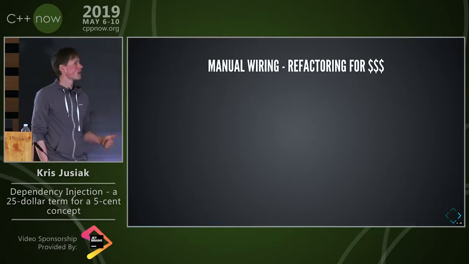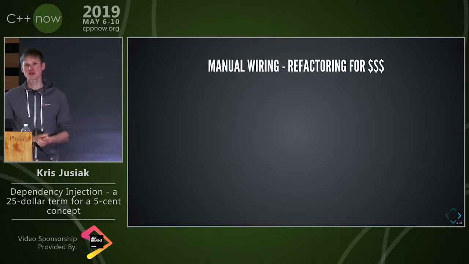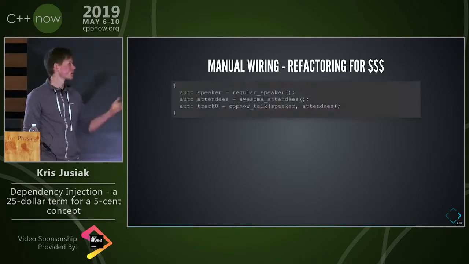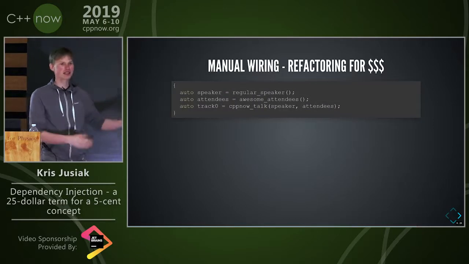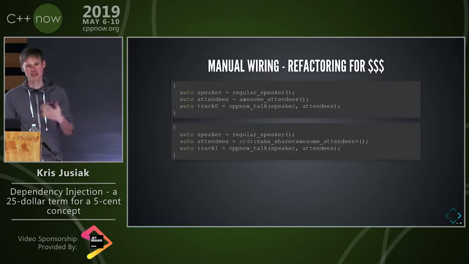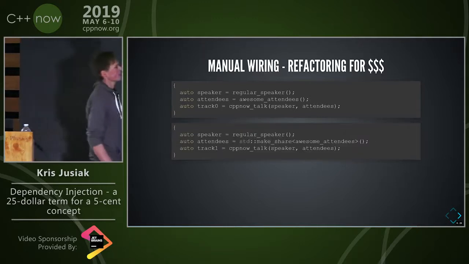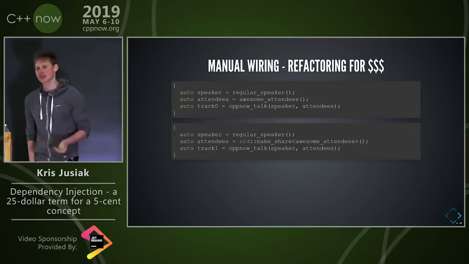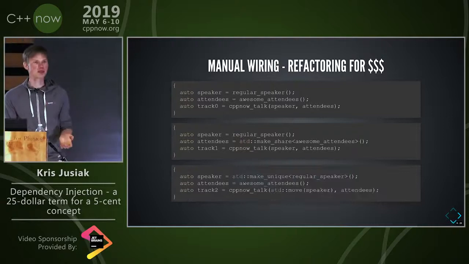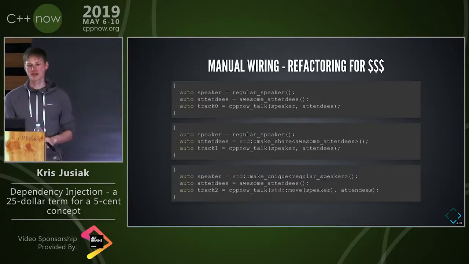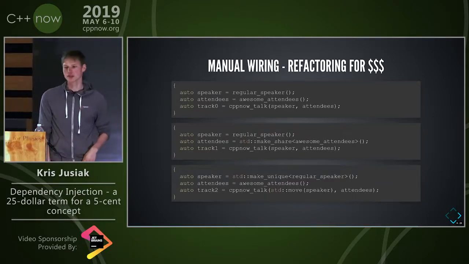So manual rewiring is refactoring for money, basically, because we have to spend time and money doing it. We'll have to change the wiring, meaning construct it in a different way, change the order. You see the second one is a bit different than the first one. It's a subtle difference, but we have to deal with it. No one will do it for us. The order might be important. And again, if you think in large scale, that will burn us at some point, in my opinion. It burned me a lot of times.